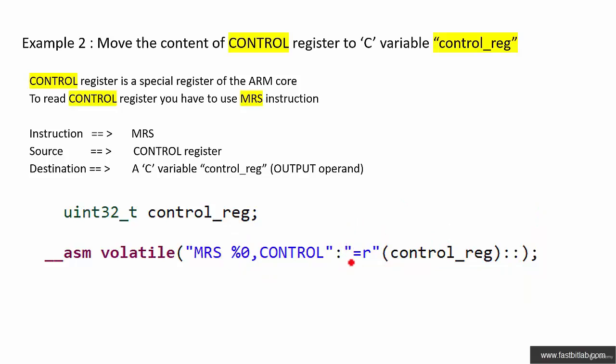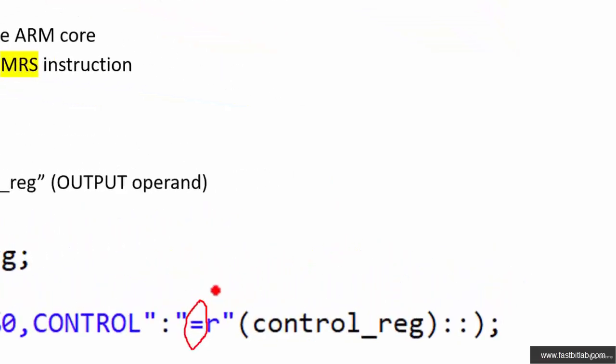The constraint string is now a combination of two things. One is constraint modifier. This assignment operator is constraint modifier, and this is a constraint character. This constraint character will cause the compiler to use register, isn't it, in the final instruction. What is the meaning of this constraint modifier? Let's understand that.